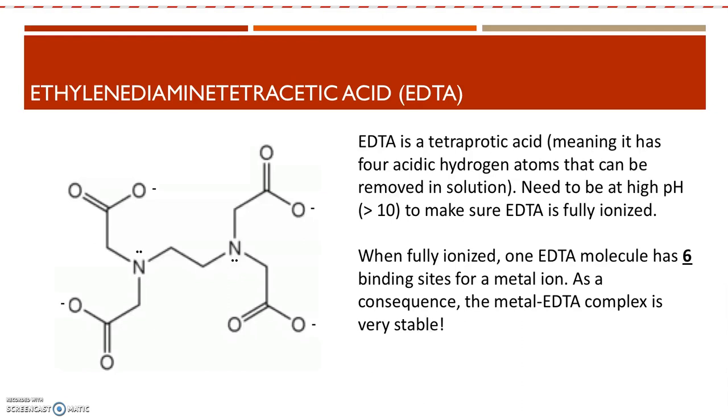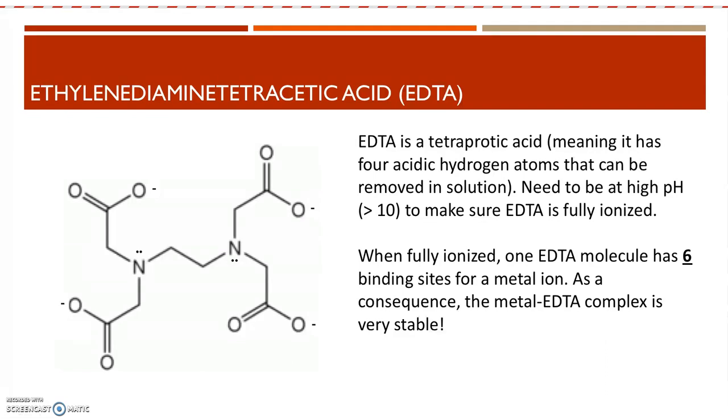Metal ions typically have a +1, +2, +3, sometimes +4 charge. And the 6 binding sites come from the 4 ionized hydrogens being removed, as well as these 2 lone pairs of electrons on nitrogen, which will be attracted to the positive charge on the metal ion. So when it is fully ionized, one EDTA molecule will complex with a metal ion and be very stable in solution.